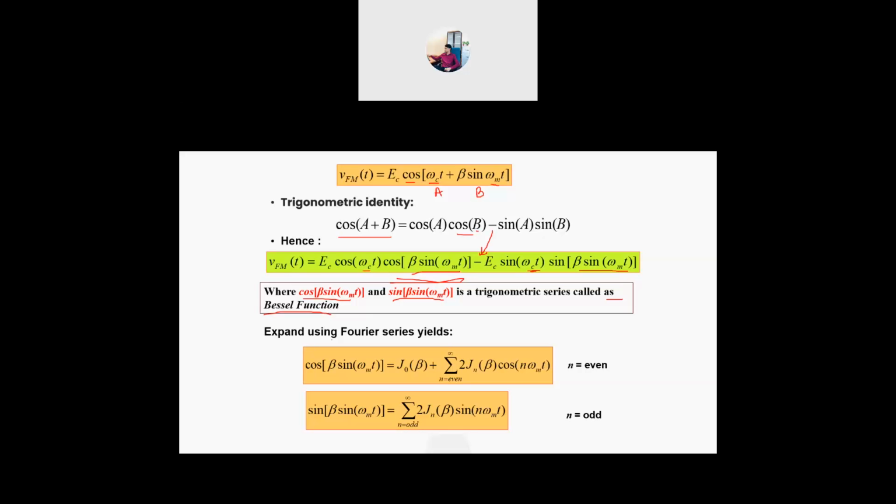Expand using Fourier series, which you learned in your signal and system subject.